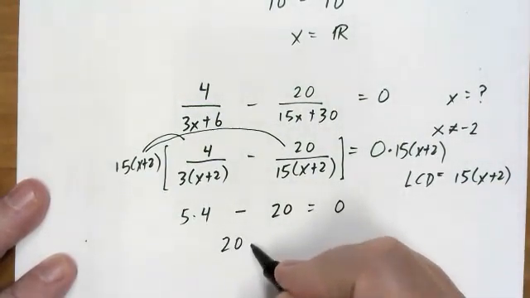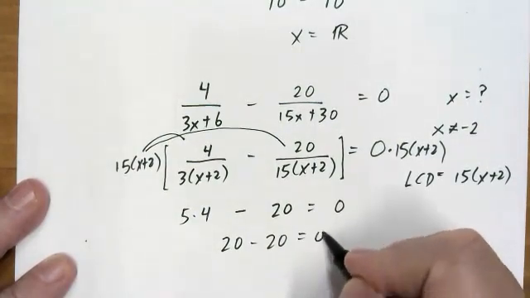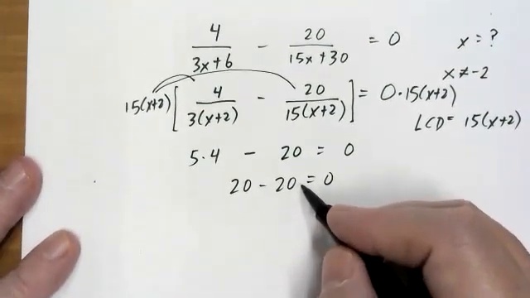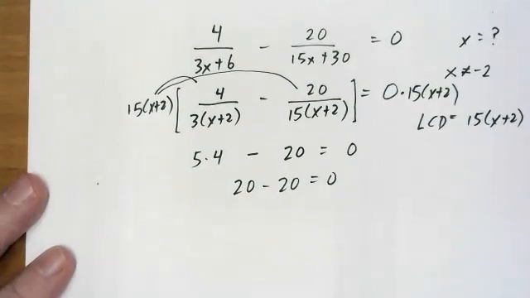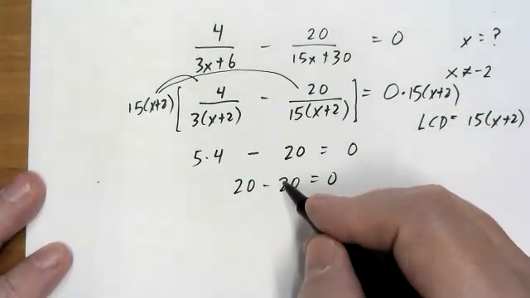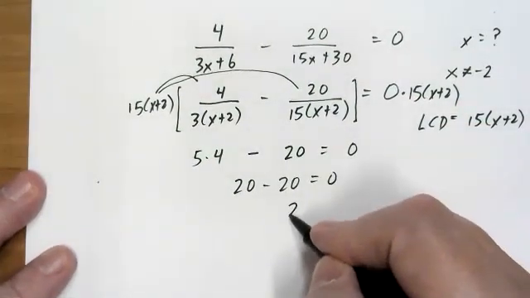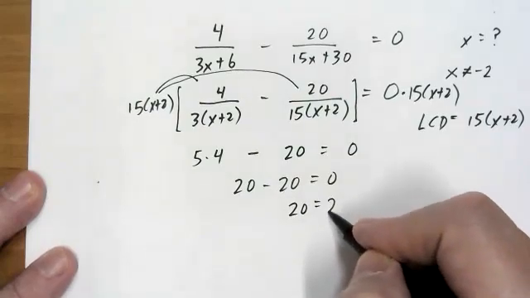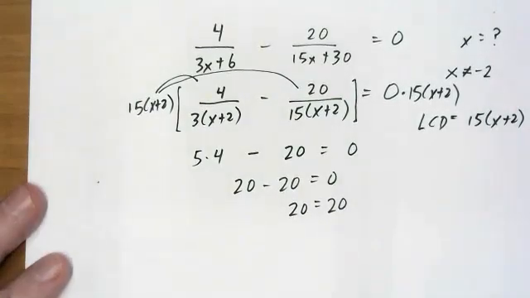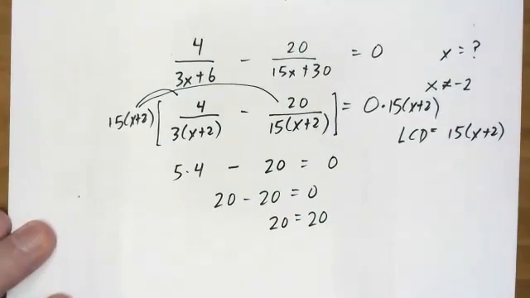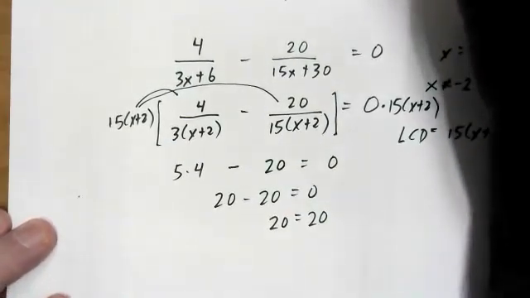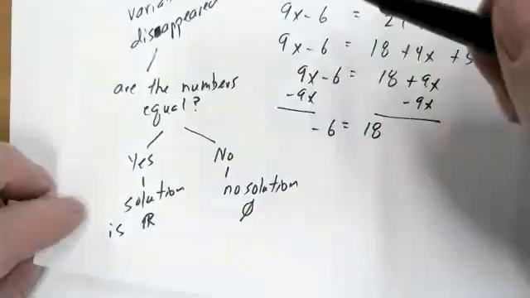So actually, what do I have? Now, if you think about it, first of all, my variables have disappeared. To make it very obvious, if I put these numbers on opposite sides, then I really have 20 equals 20. So once again, that's the case where my variables disappeared.